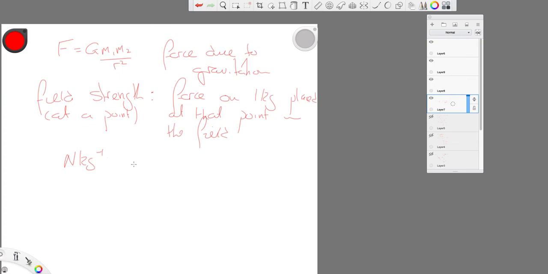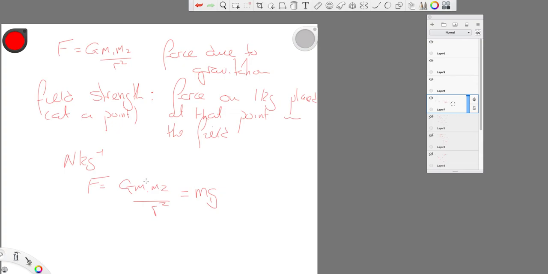So if you take F equals G m1 m2 over r squared, and you say, well, this is on the surface of the Earth, well, that's going to be mg, isn't it? m1g, let's say.